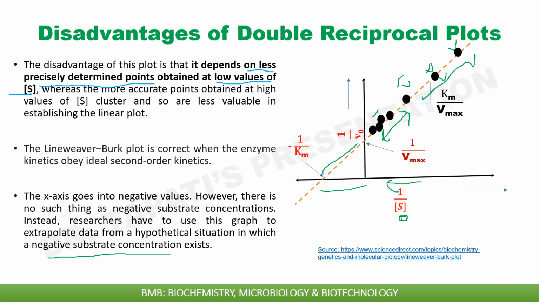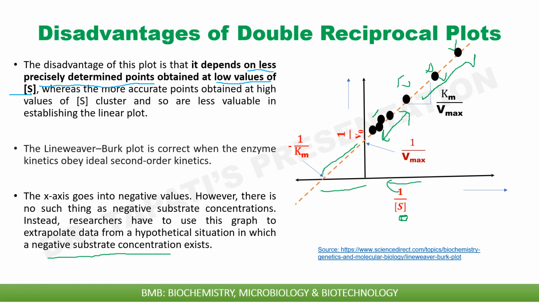So, it has the disadvantage of compressing the data points at high substrate concentrations into a small region and emphasizing the points at low substrate concentrations, which are often the least accurate.